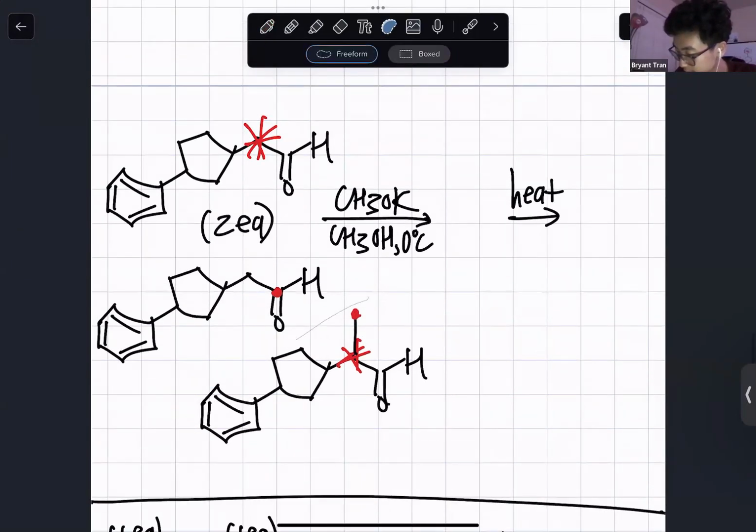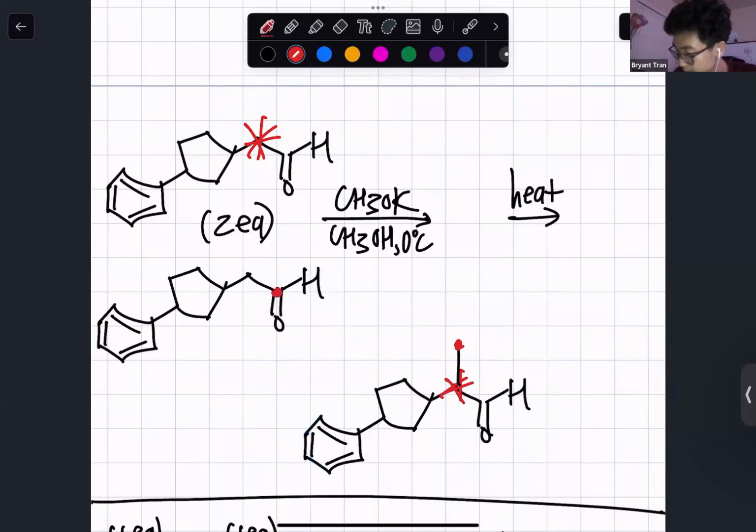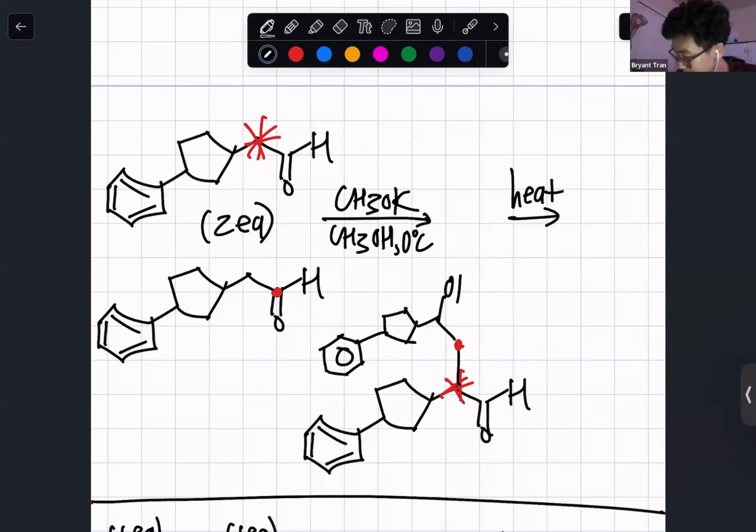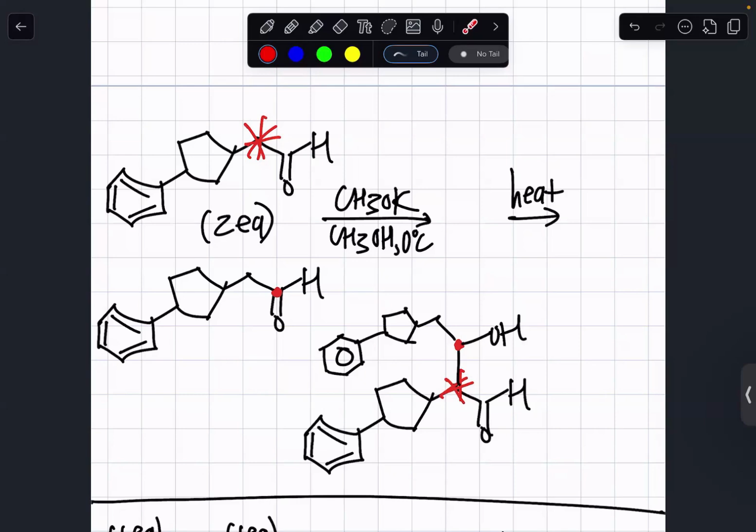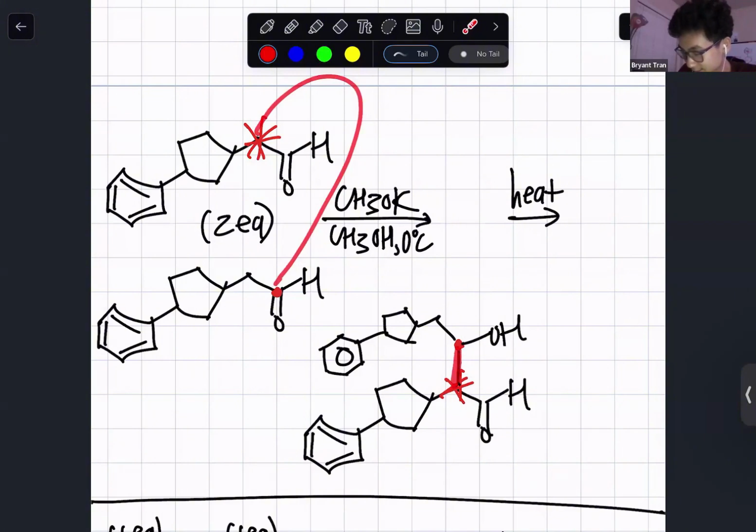The dot here is attached to, if this was no heat, this R group and an OH, on the dot carbon. So the star attacks the dot, making this new bond right here.